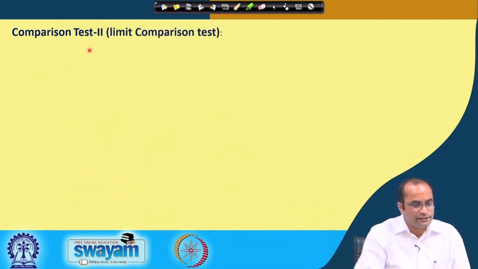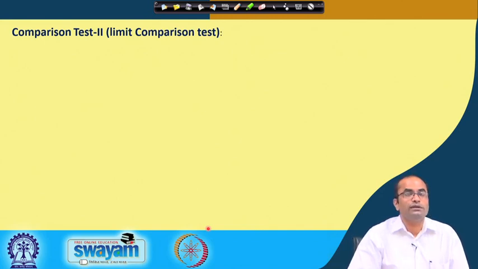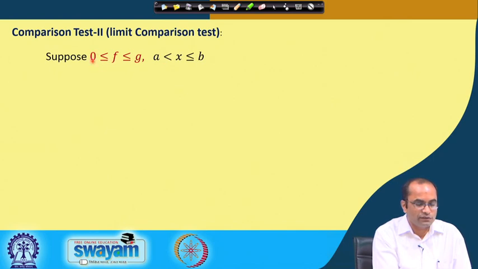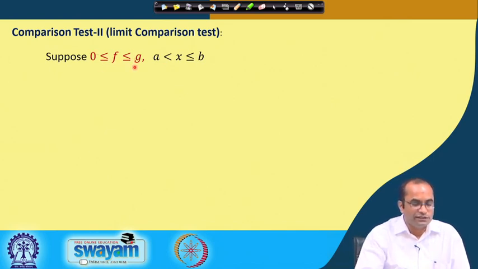There is another test, which we call comparison test 2, also called the limit comparison test. Again we consider the inequality that f is taking non-negative values and g is taking larger values than f.